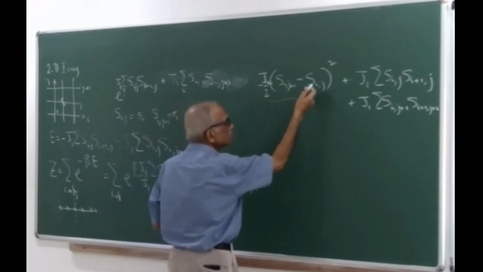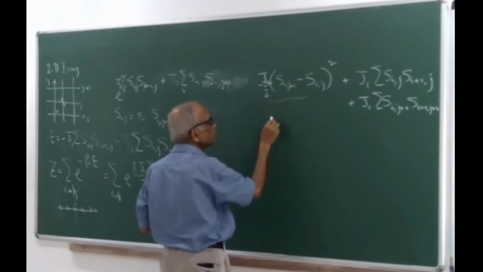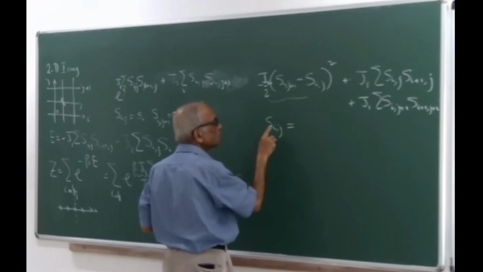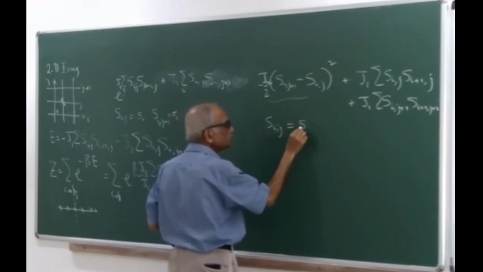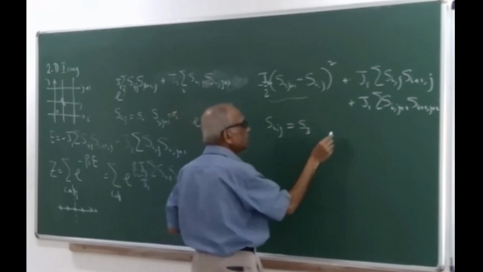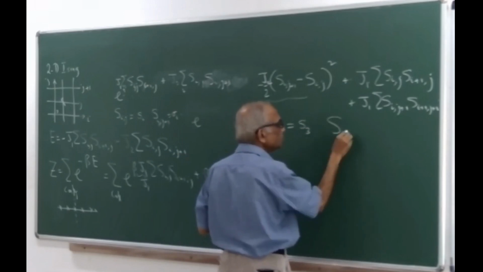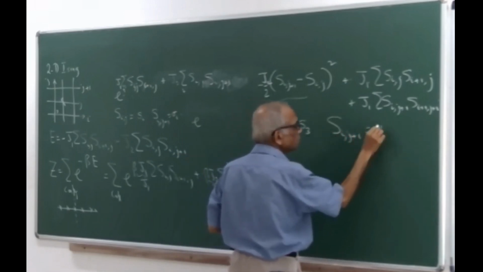And it is easiest to describe it through this flip. You call S_i at j spin S3 and S_i at j plus 1 sigma 3.